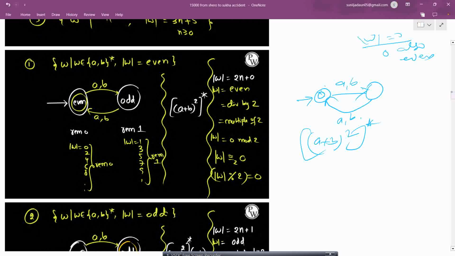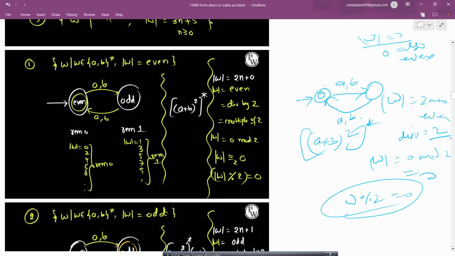So what are the remainders for this? W is 2n plus 0, even, divided by 2. W mod 2 is equal to 0, or W percent 2 is equal to 0.